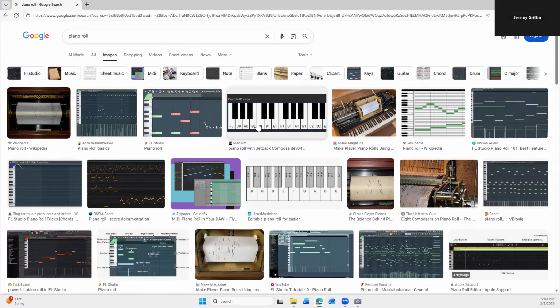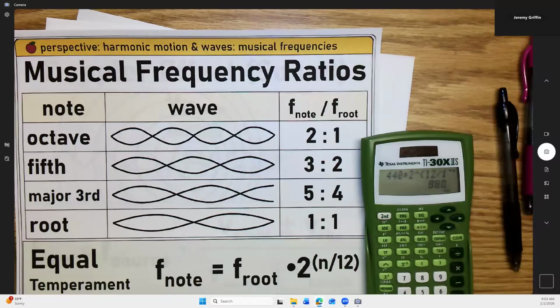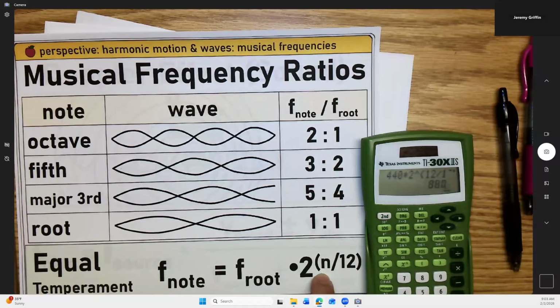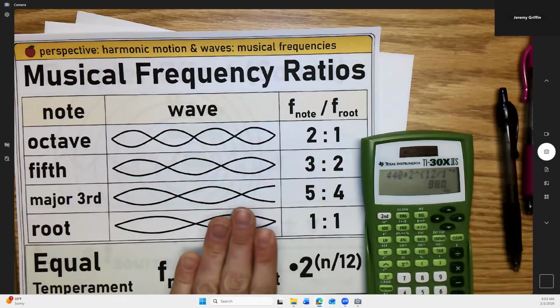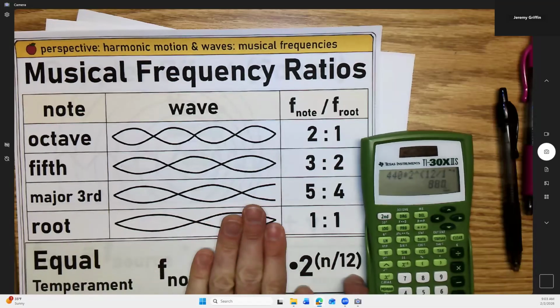How about this? What if you wanted the fifth? Can you count up 1, 2, 3, 4, 5, 6, 7? It's 7 notes up. Let's go 7 notes up and see what happens. Actually, let's ignore the original frequency and just do this part right here.